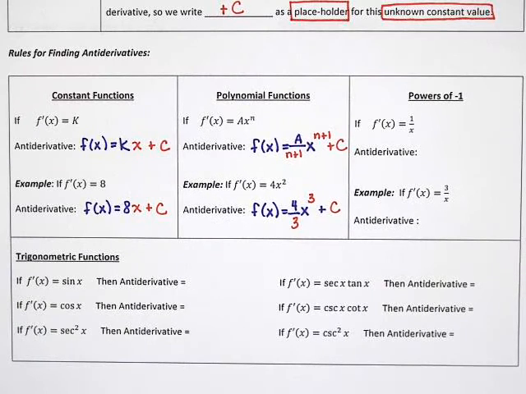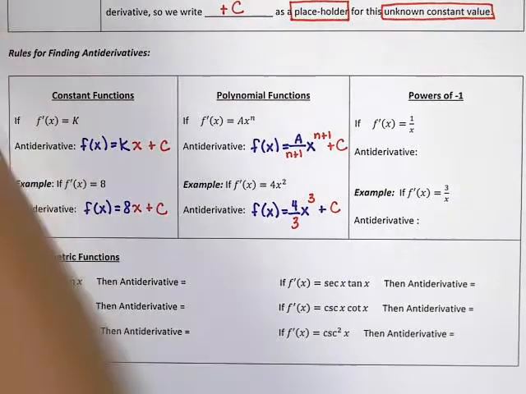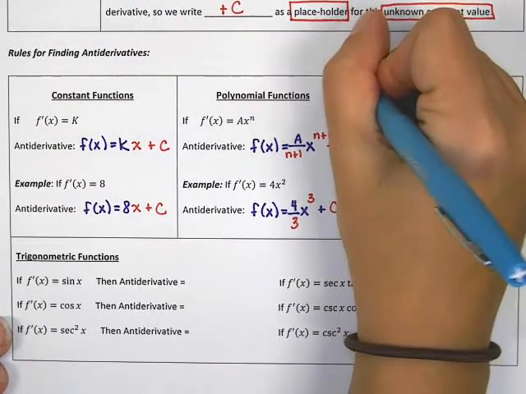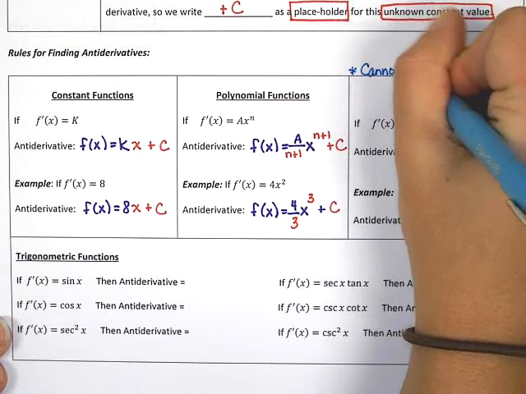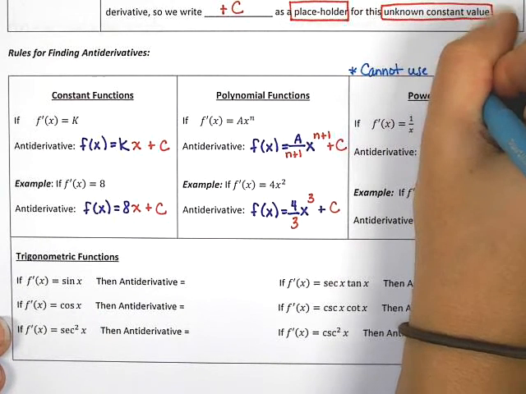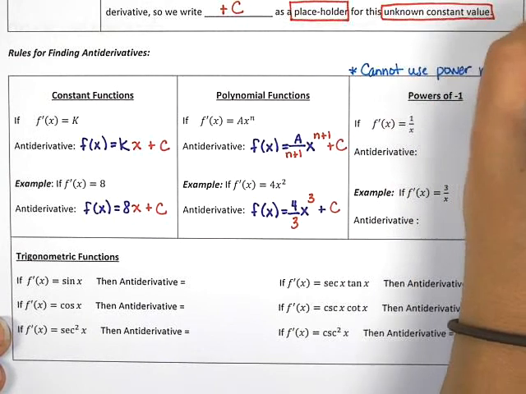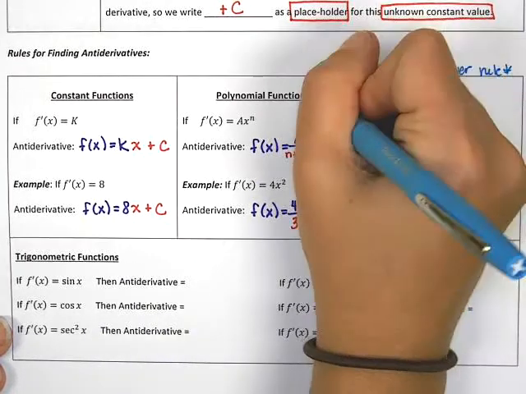Last but not least for this initial row of rules is powers of -1. Now powers of -1 work a little bit differently than powers that are not a -1. And the reason is because you cannot use the power rule here. So you cannot use this one.